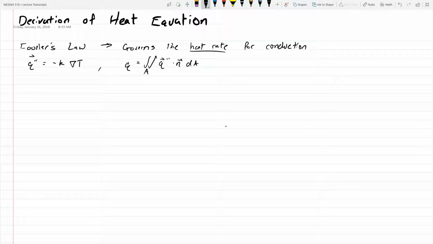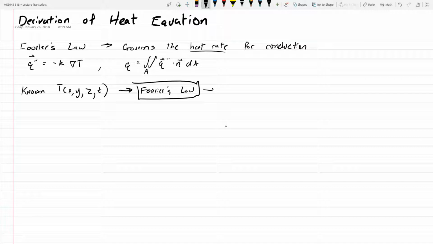So the paradigm here is: known T(x, y, z, t), apply Fourier's law, and you get out your heat flux. This begs the question, what if we don't know the temperature distribution a priori?